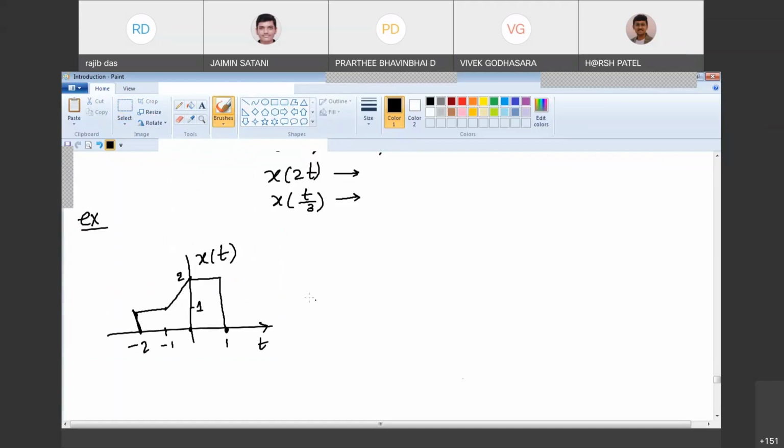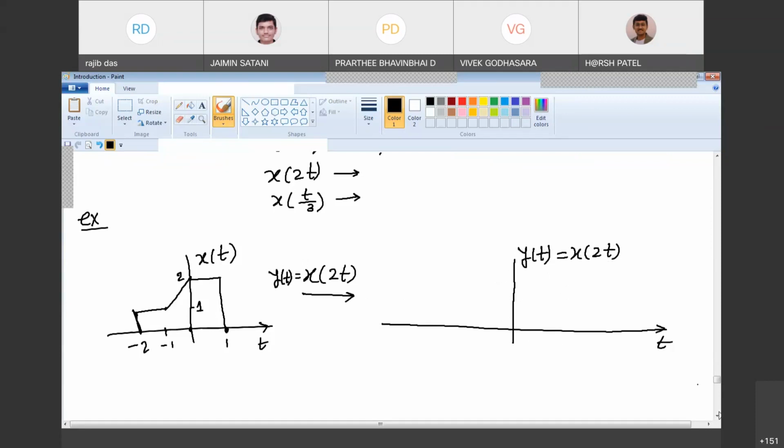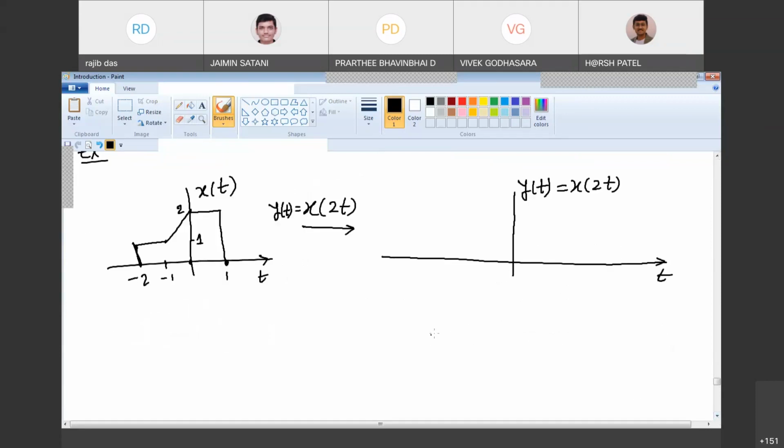First I'll go for x of 2t. So this should be my y. So can you draw? Against the time t, here I need to draw y of t, which is nothing but x of 2t. So again, similarly, we can take the values for t, then we can compute the corresponding x of t, and then I'll go for y of t, which is x of 2t.